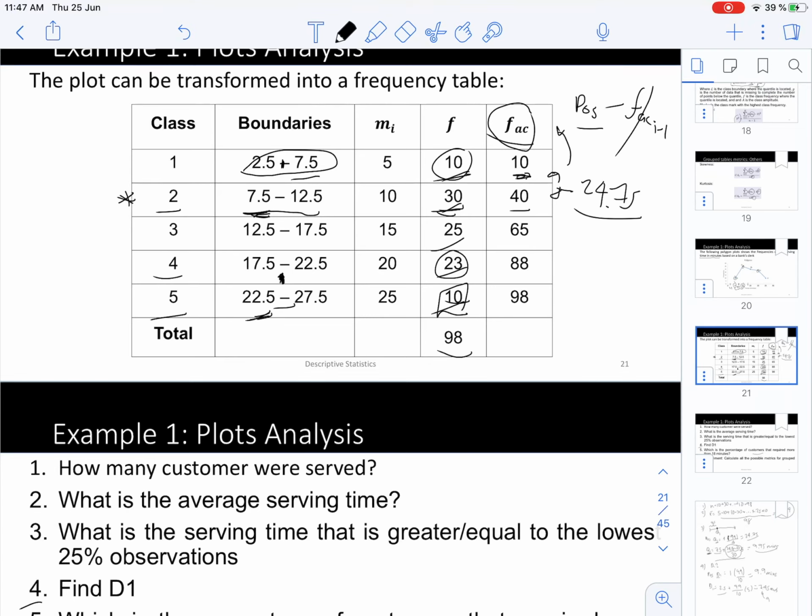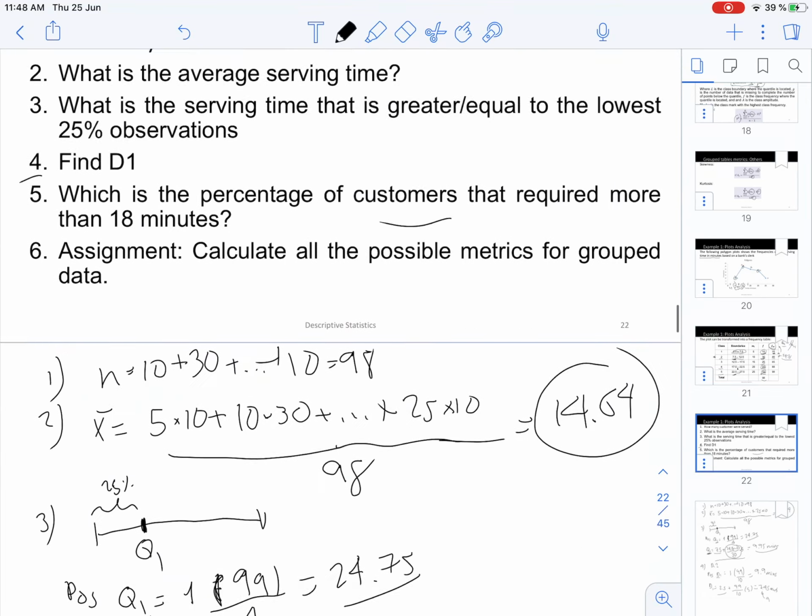So now, how can we find how many were below 18 and how many observations are above 18 in that fourth class? That's the question here. How can we get how many observations are below a specific value in one class? So that's G. Remember that G was tricky at the beginning. Well, now look how helpful our G is.